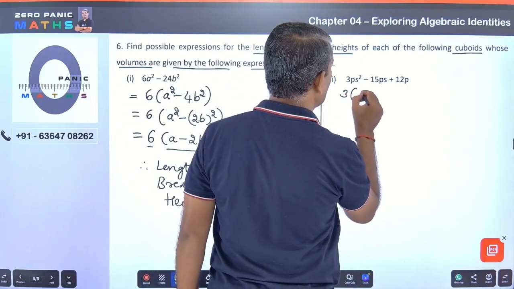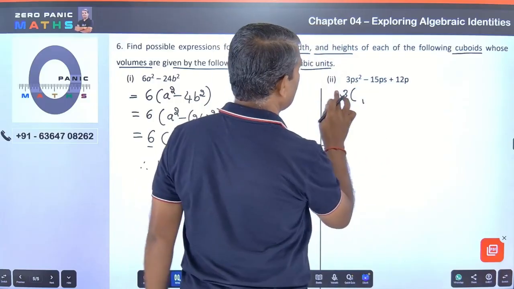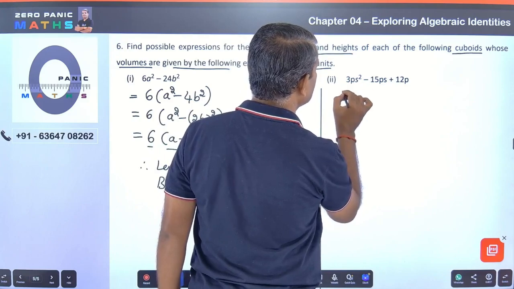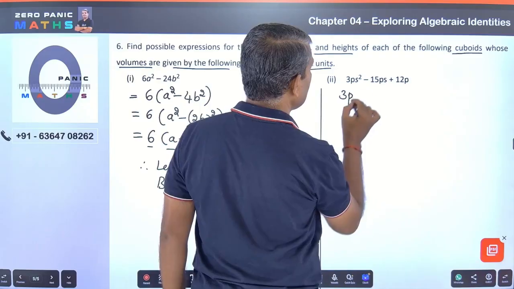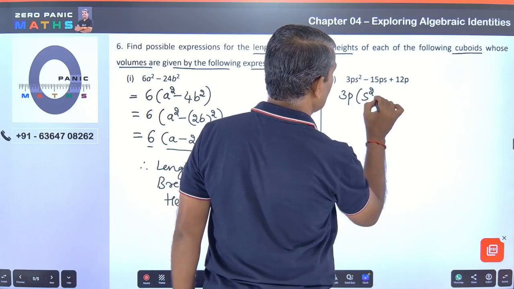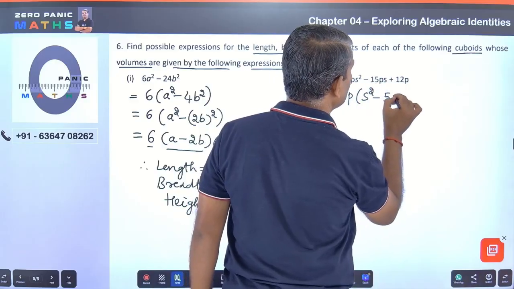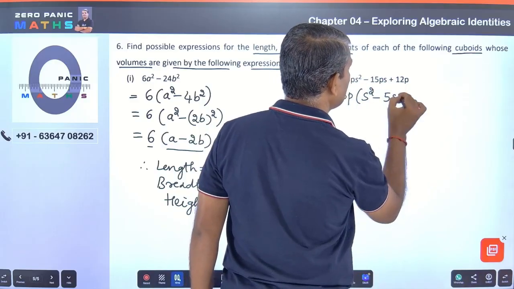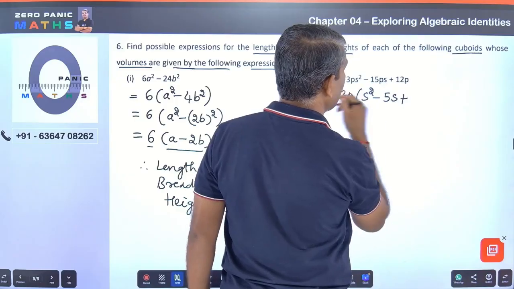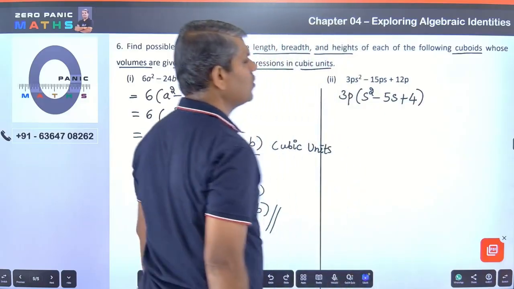Sorry, p is also looking common, so let us take 3p as common, so that it will be left with s square in the first term, minus 5s, since 3 fives are 15 and p went out, that remains inside the bracket, plus 4, since 3 fours are 12 and p is already out.